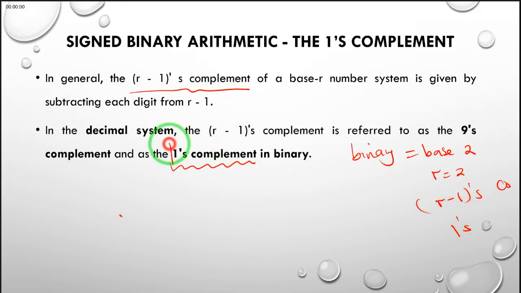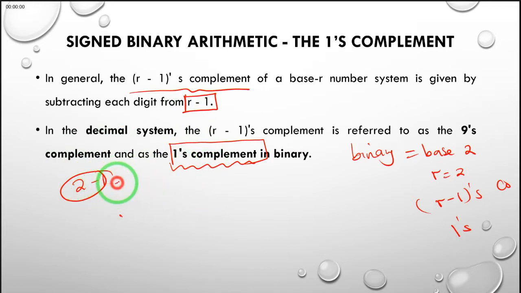So we would follow the same idea. Because our R is 2, you subtract all the digits of the number you want to represent from 2 minus 1, which is equal to 1.